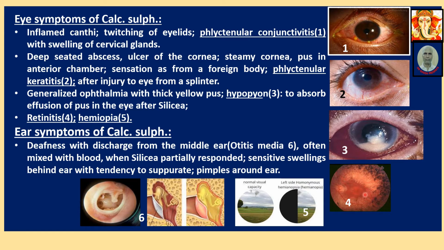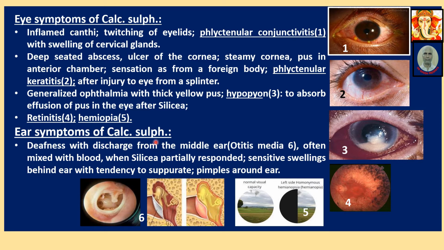It's a very bad type of disease. Generally, the patient may lose vision completely. It's a very serious disease. In all these cases, Calcarea Sulph is the medicine. Hemianopia means when 50% of the field of vision is damaged, either left side or right side. This is the left portion gone. This is also hemianopia, also covered by this Calcarea Sulph.